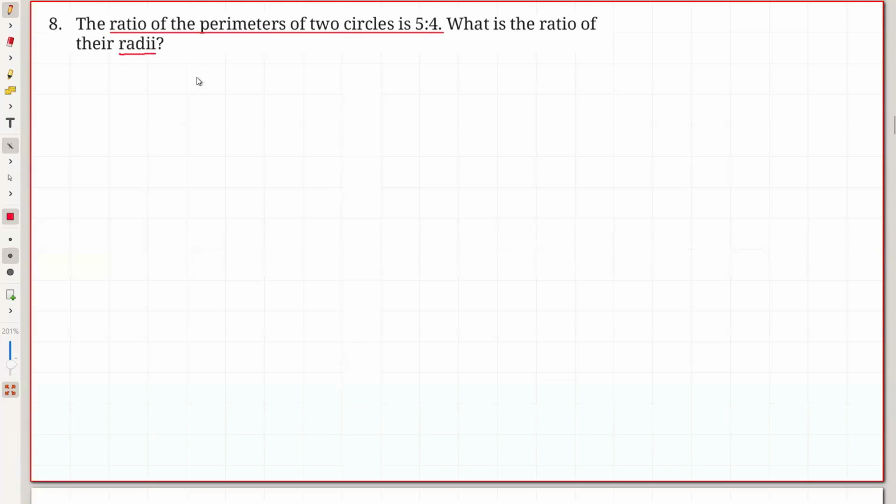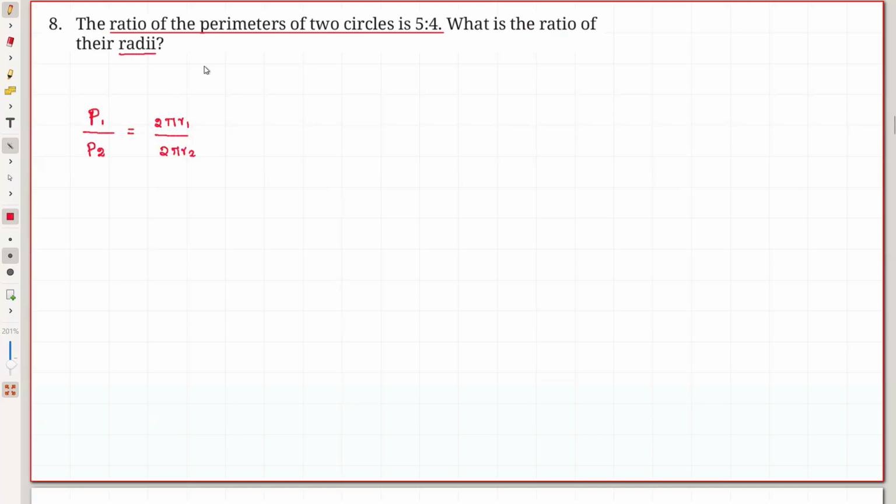We know the formula for the perimeter of a circle. Two circles are given. Ratio means perimeter 1 by perimeter 2. The perimeter of the circle is 2 pi r1 divided by 2 pi r2.